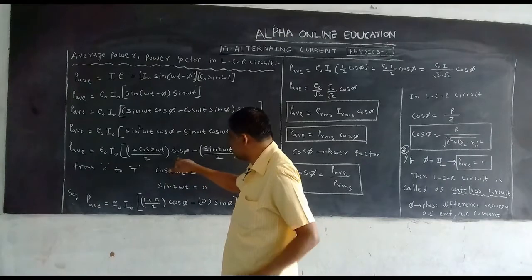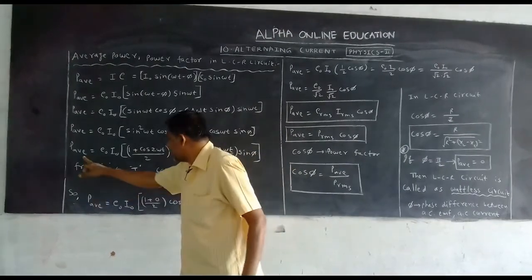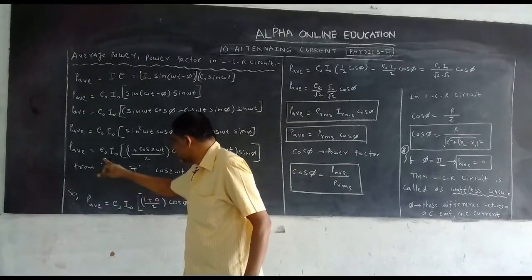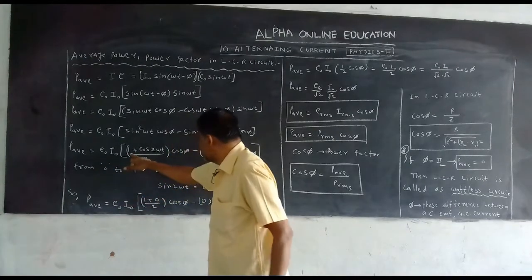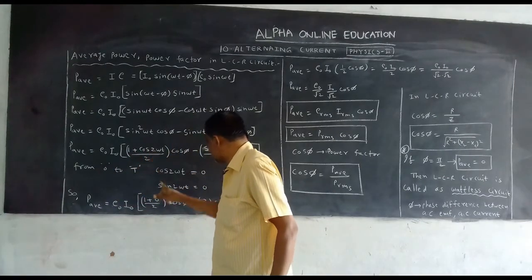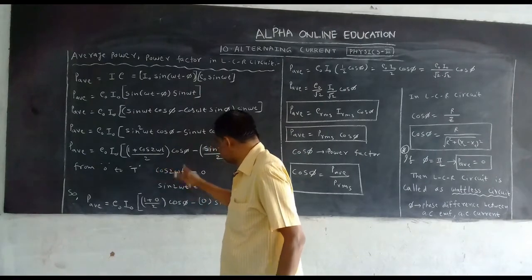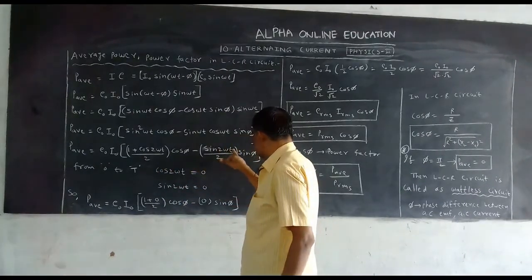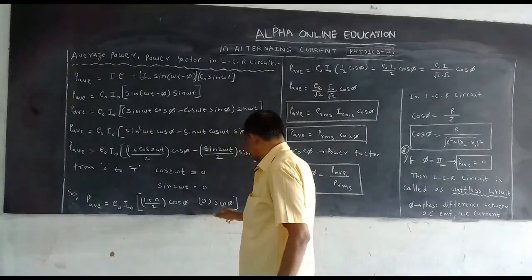Substitute these two in this equation. So what happened? P average is equal to E naught I naught, (1 plus cos 2 omega t, which is 0) by 2, cos phi, minus sin 2 omega t, which is 0, into sin phi.